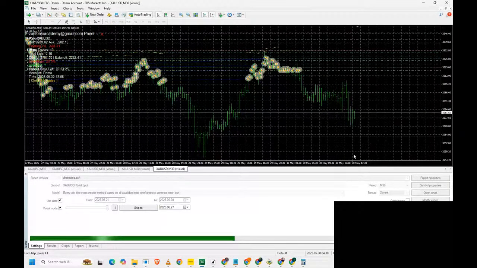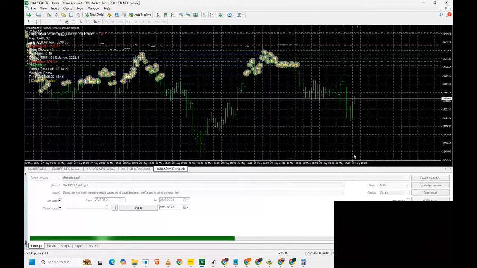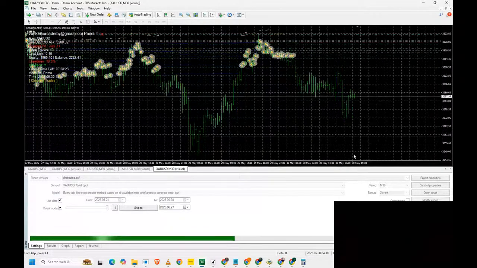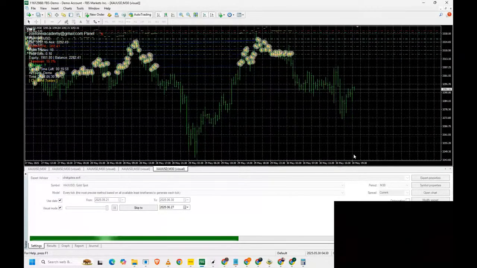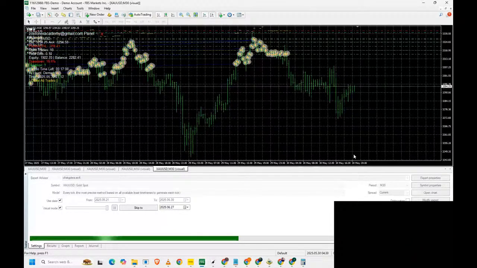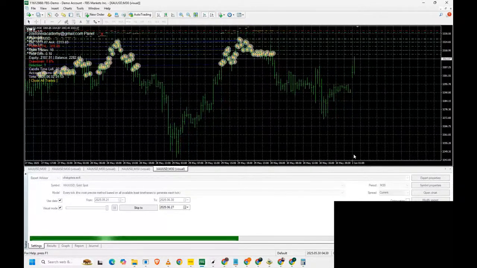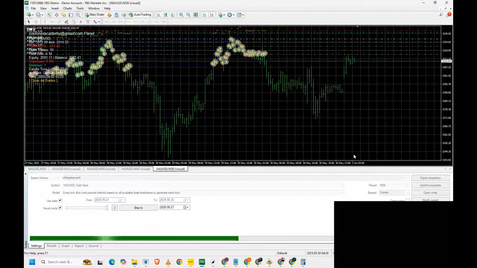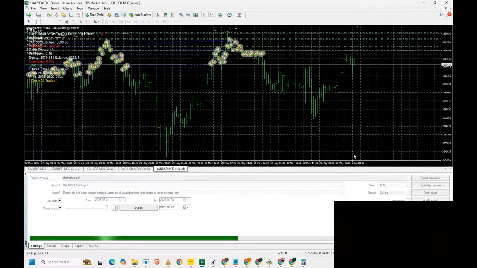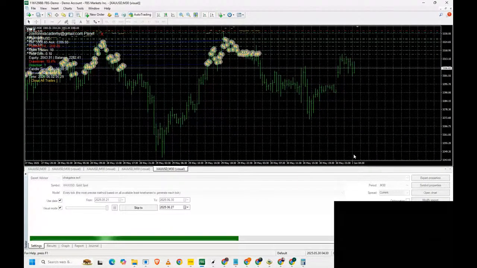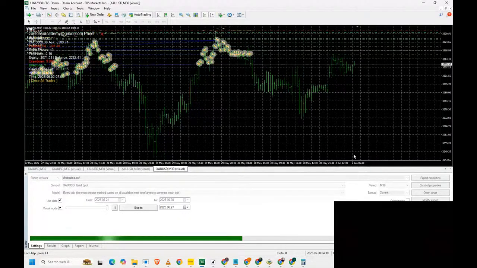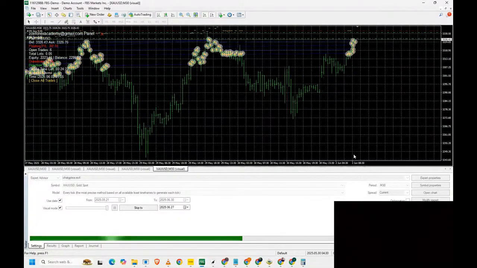Really, I don't like this at all. I don't like the fact that it's holding the trade for too long. But since we are not too far from our capital, I'll just leave it, because 10% of this will reduce the capital to like 2080 dollars and whatnot.